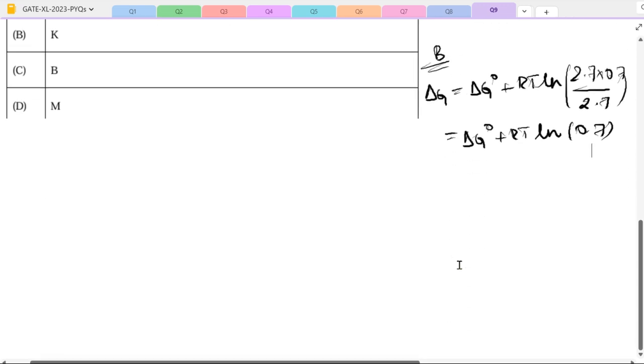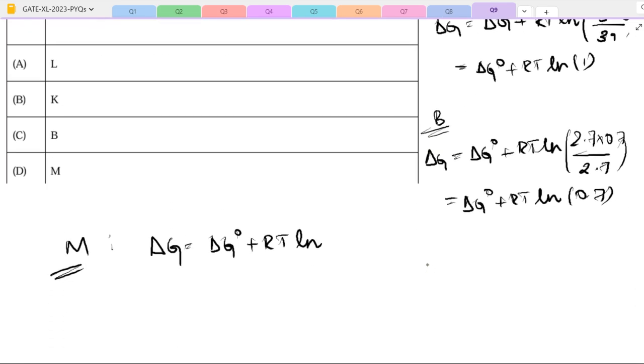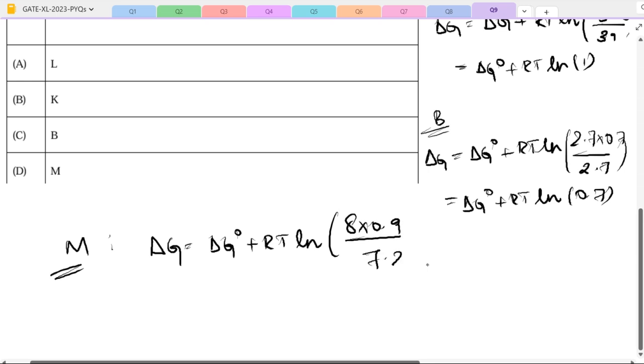And for cell type M, the last cell type, delta G equals delta G naught plus RT ln of 8 into 0.9 divided by 7.2. So that will be delta G naught plus RT ln 1. So that will be 0.